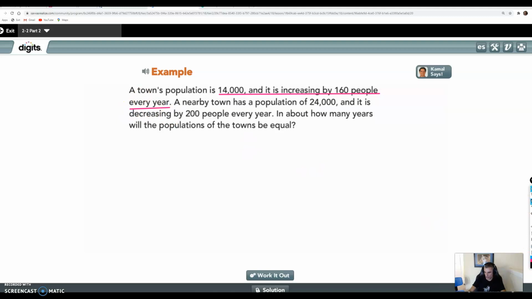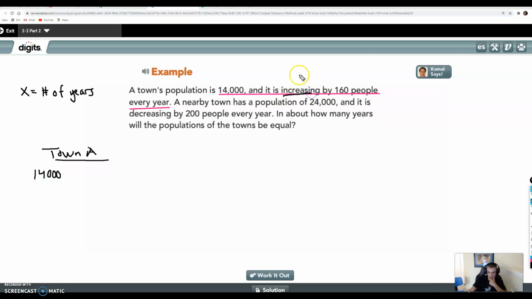So the first thing we need to do is figure out, well, x is going to be our variable, and we'll let it equal the number of years here. And they don't give me a name for this town, so I'm going to call it town A, and then we'll have a town B. So this is town A. And it starts off at 14,000 and increase.